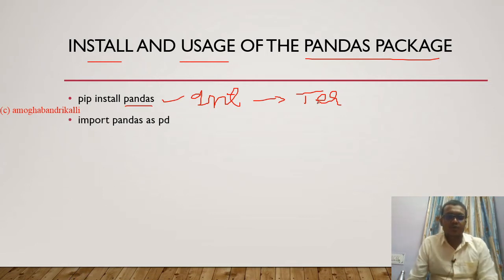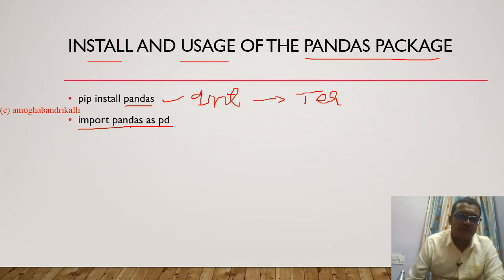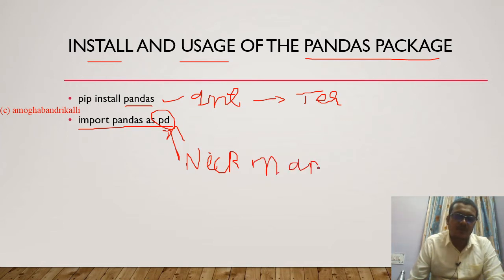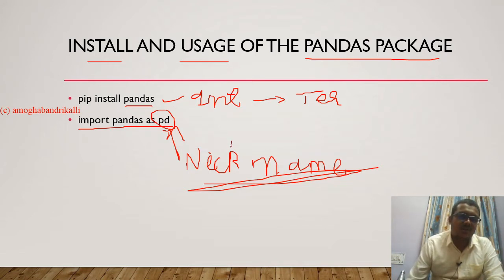In order to use pandas, at the very first line or at any of our lines, you need to use import pandas as pd. This is again a nickname, just a short version name.